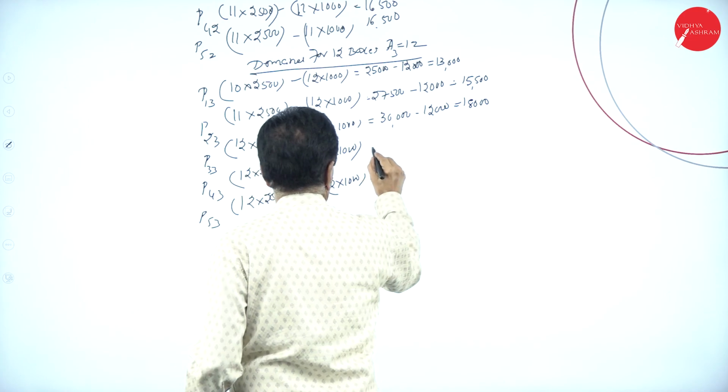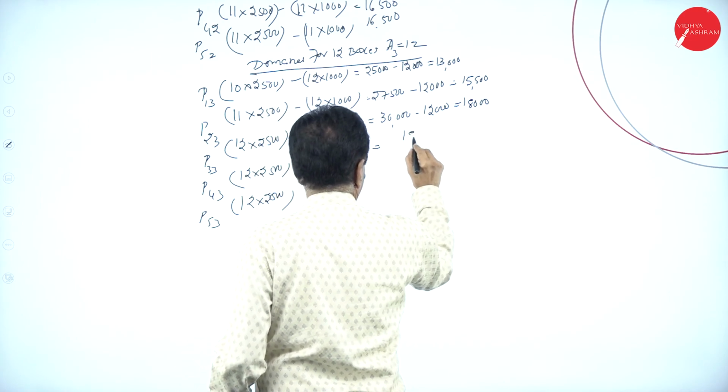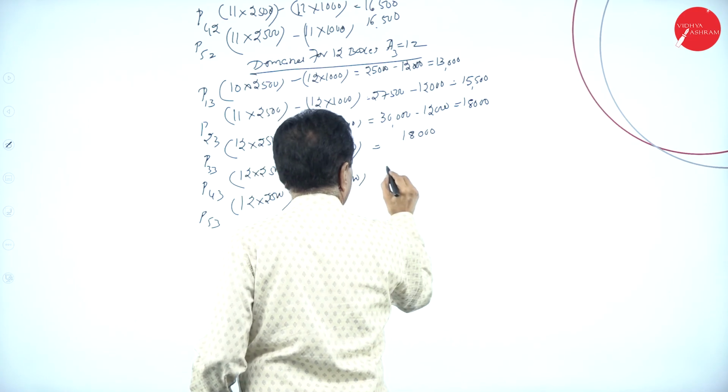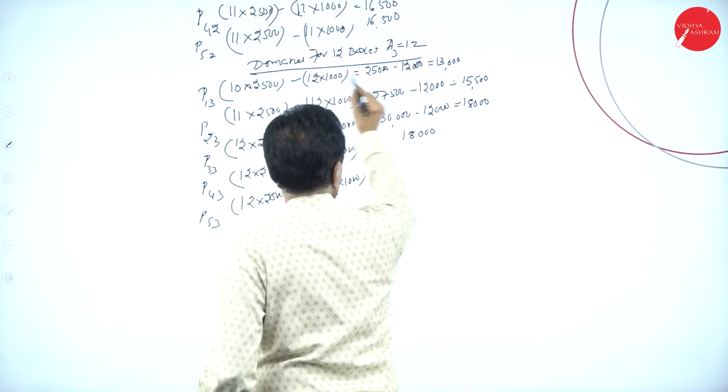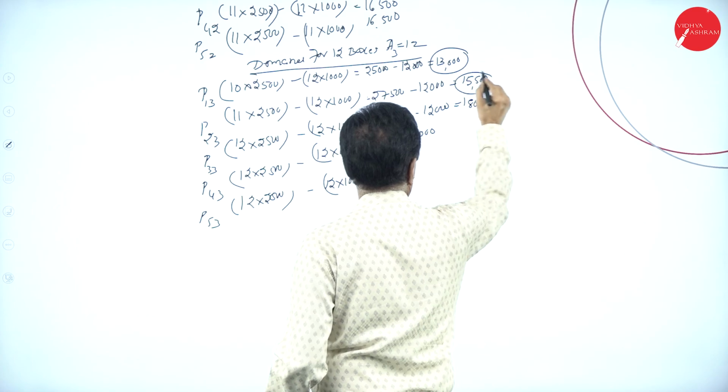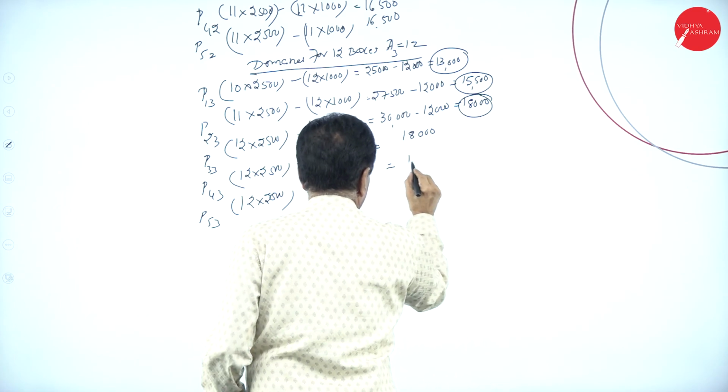Same, 18,000. So this is 13,000, 15,500, 18,000, 18,000, 18,000.